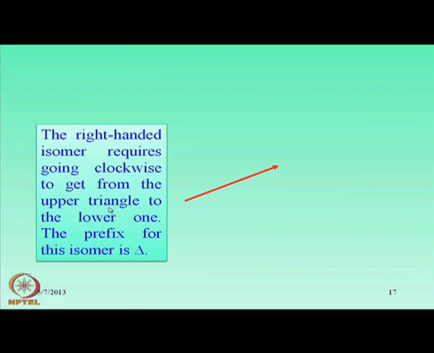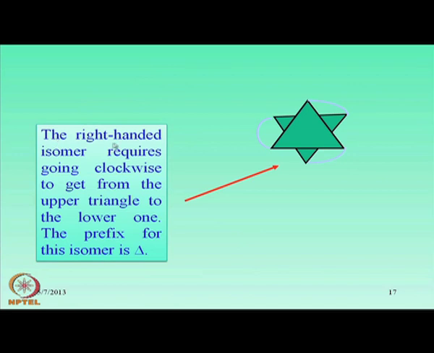If the isomer is of right hand type, then when you view through two triangular faces, and one such triangular face is facing us the way we have drawn it just now, we see one particular ethylene diamine ligand, then the second one like this, and then the third one.